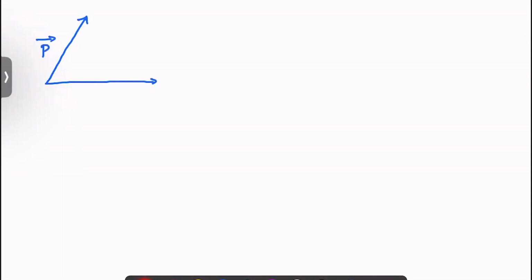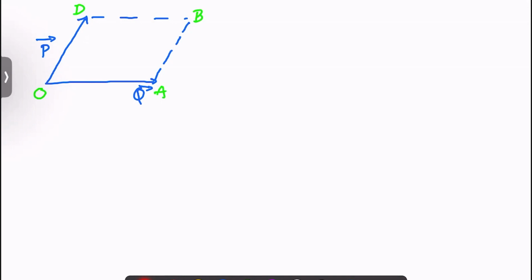So I'll construct the parallelogram. Okay, so this is P and Q. So P vector and Q vector. And we have a parallelogram here. So it is named O, D, and this can be A and B. Okay.